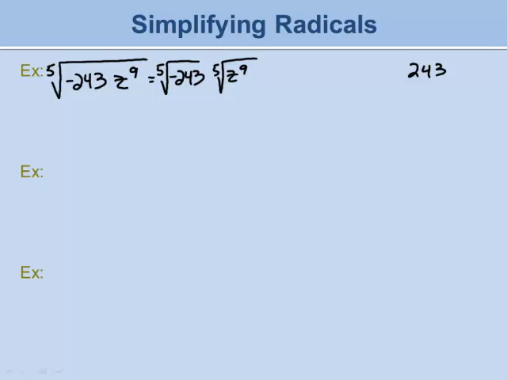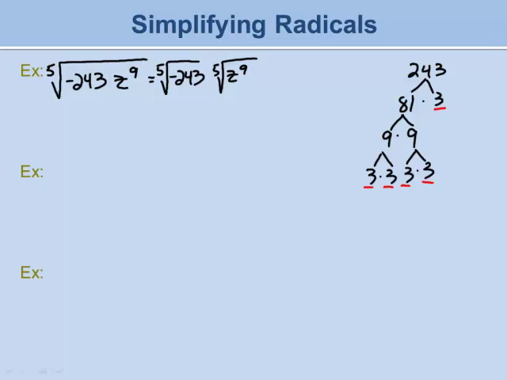243 is 3 times 81. And 81 is the same as 9 times 9. And each of those 9s will break down to 3 times 3. So when you completely break down 243, you've got 3 times 3 times 3 times 3 times 3. We're trying to match a power of 5.